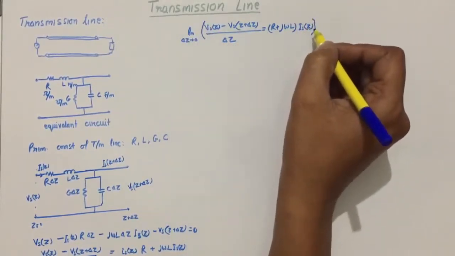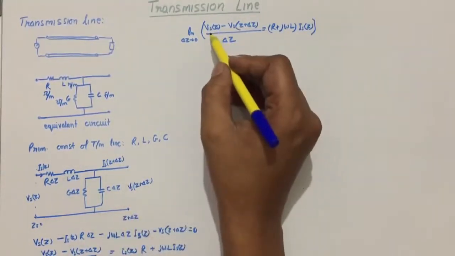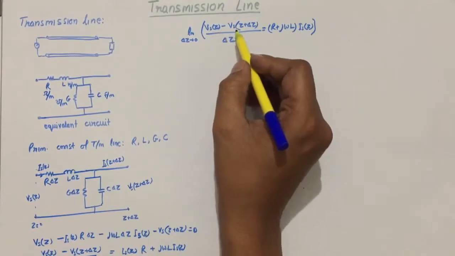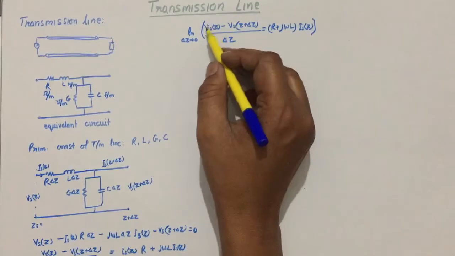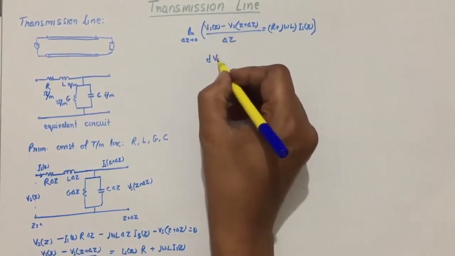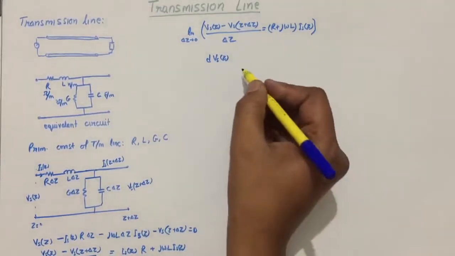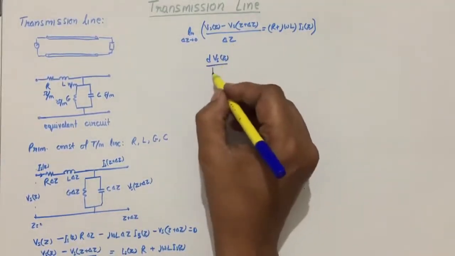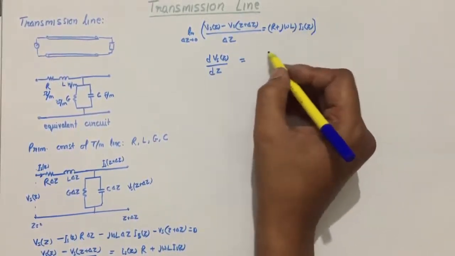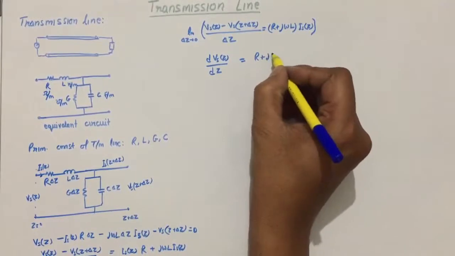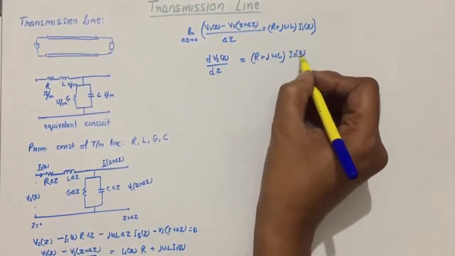If we apply this limit, then what we can find here is Vs(z) minus Vs(z plus delta z), this will be the differential voltage, and it is divided by differential length. On the right side there is no delta z, so there will be no change. It will remain as it is.